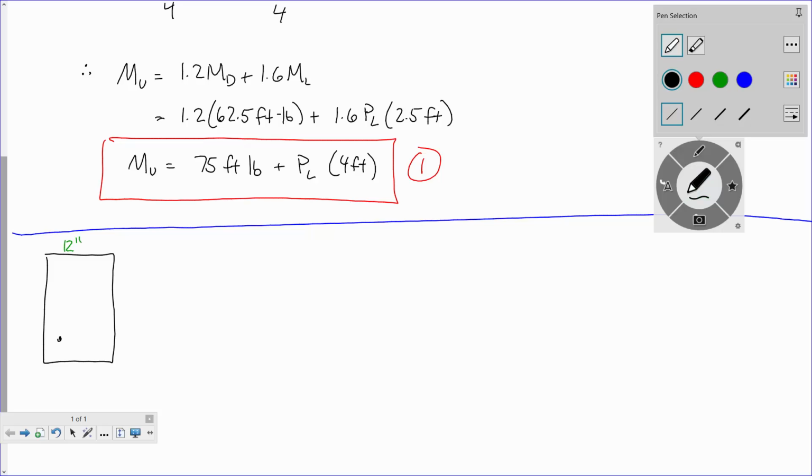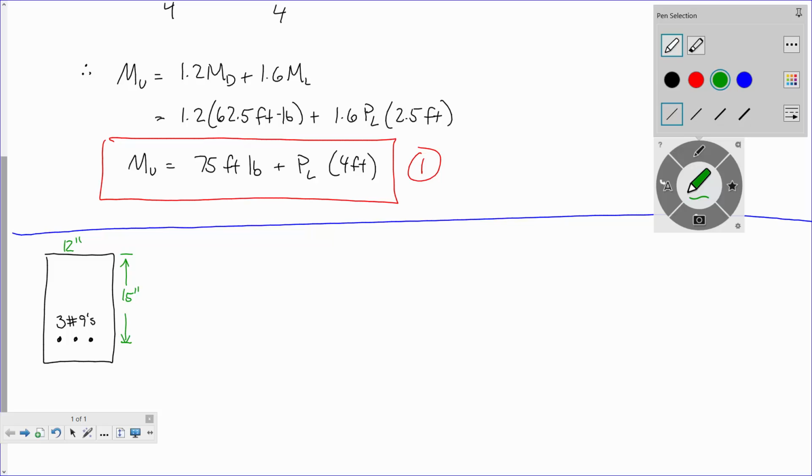We've got some bars going on here, and it said that they were 3 number 9s, right? And our effective depth, D, is 15 inches, right?